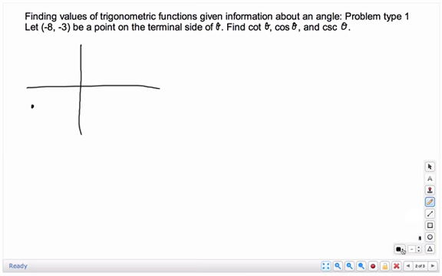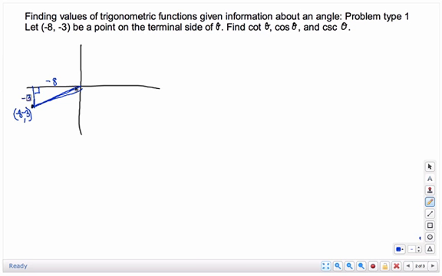Let's go ahead and change this color here. Okay, pretend like that was a better drawing than I just did. So this is my triangle. And this value is -8, -3, which means my x-coordinate here is -8, and my y-coordinate here is -3.